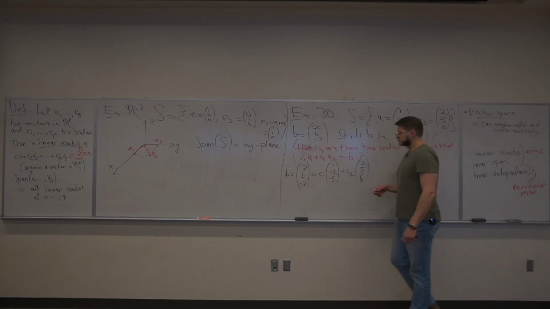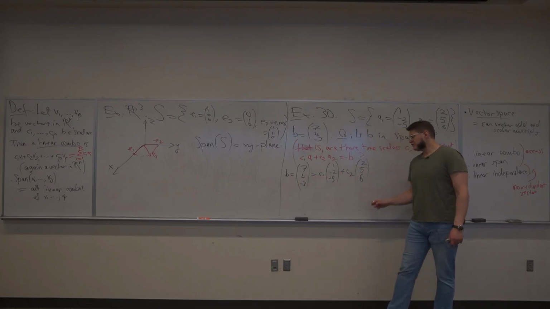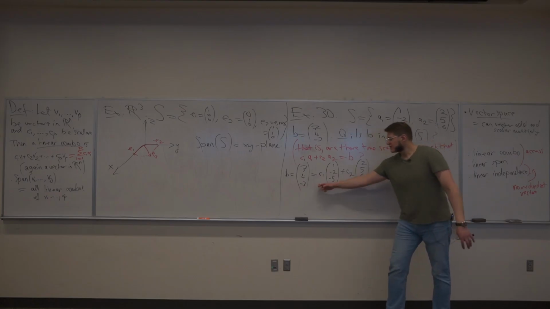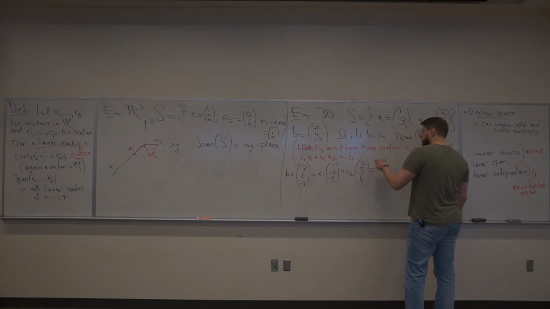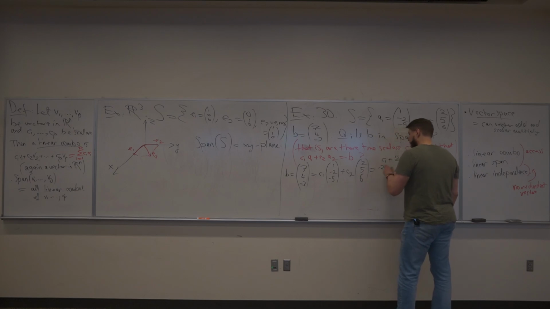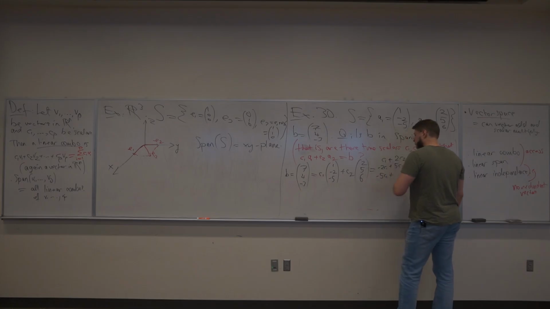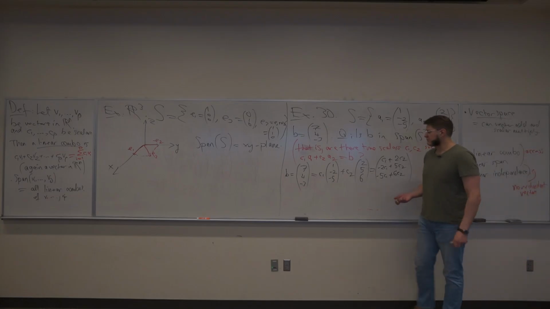Now what I can do is scalar multiply, distribute, and then add everything to consolidate to have exactly 1 vector on the right-hand side. So then this becomes C1 plus 2C2, minus 2C1 plus 5C2, minus 5C1 plus 6C2. Now, when do I get to say 2 vectors are the same?